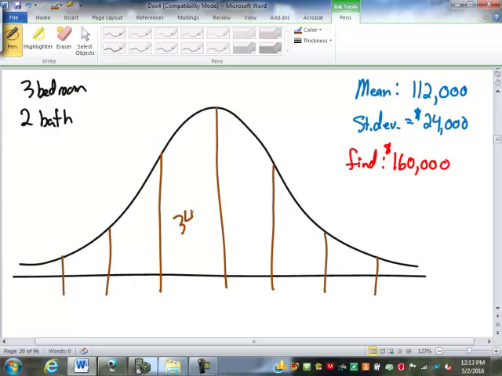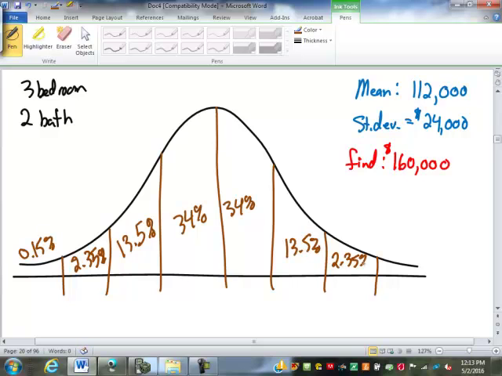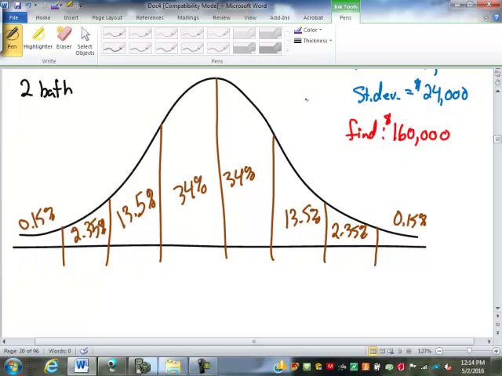These percents in here will always be the same. Again, depending on which version you use, your textbook has a little bit different percents, but they're pretty much the same.